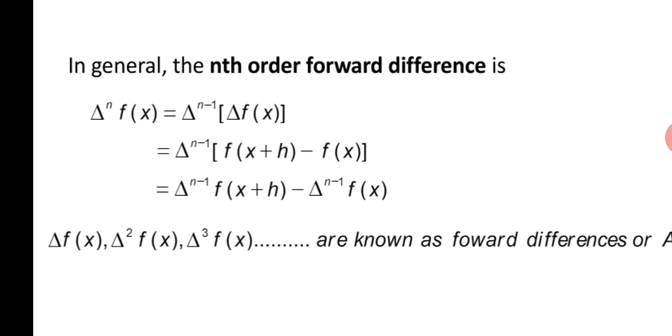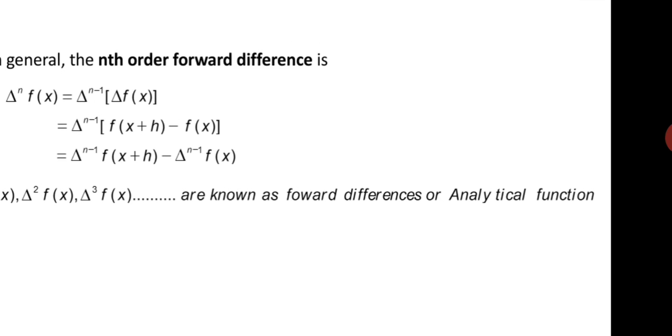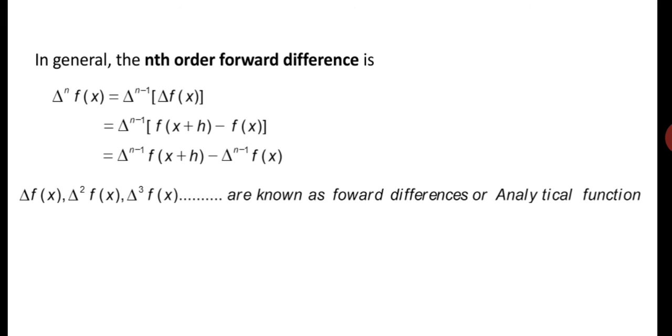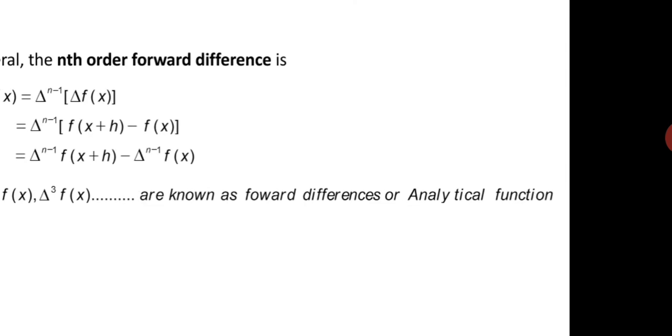I have substituted it, so we have got this. Here delta of f of x, delta square of f of x, delta cube of f of x are known as forward differences.